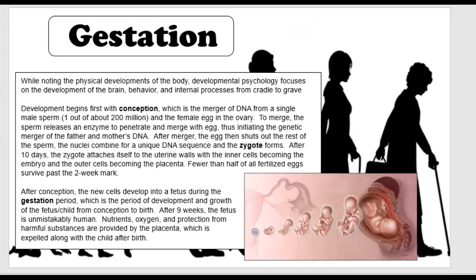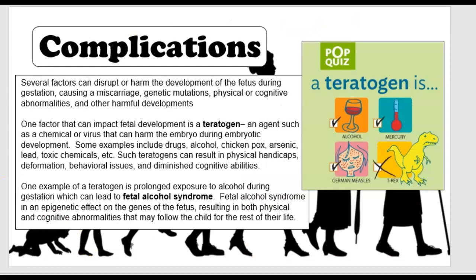So some complications. There are several factors that can disrupt or harm the fetus during the gestation. It can cause a miscarriage, genetic mutation, physical and cognitive abnormalities, and other harmful developments. So when we're talking about factors that will impact a fetus negatively, we're talking about teratogens. The picture is supposed to be humorous.